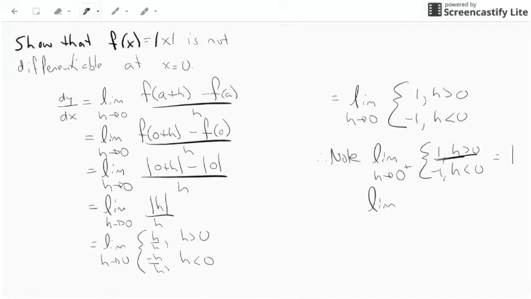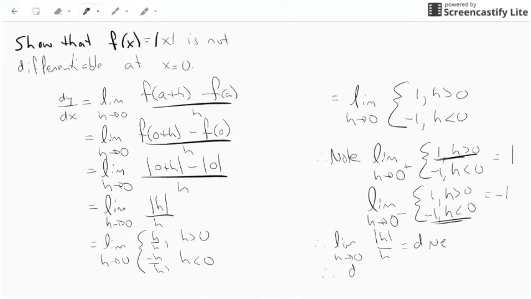However, if you take the limit as h approaches 0 from the negative side, the answer here is going to be negative 1, because in this case, this is the domain that applies, and the results are not the same. So therefore, the limit as h approaches 0 of the absolute value of h over h does not exist.